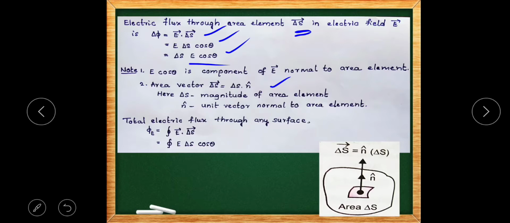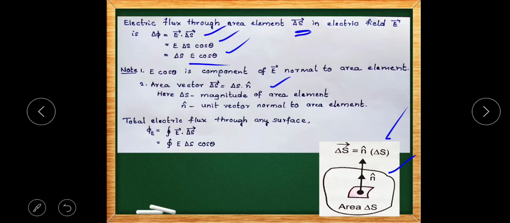In this diagram you can observe we are considering a closed surface, this one. In that surface we consider a small area element delta S, and n cap is the unit vector perpendicular to this area element. Then vector delta S can be written as delta S into n cap.